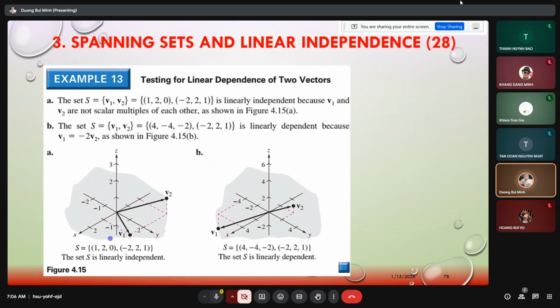Testing for linear dependence of two vectors. Please tell me what is the vector space. Vector space A is R3, right? Because every vector has 3 elements.